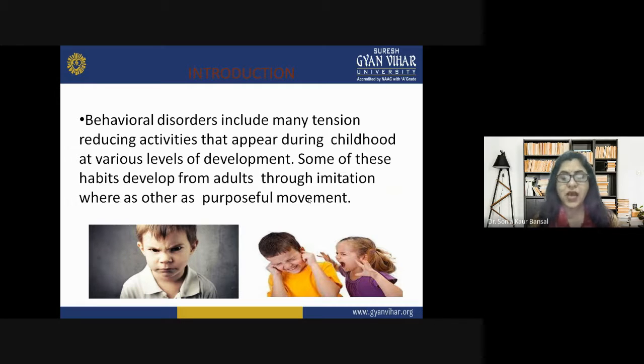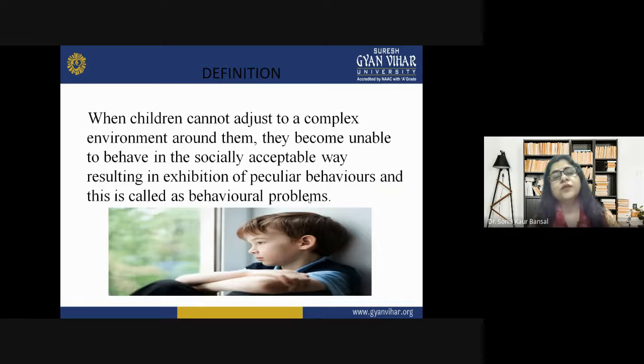So let's understand it in a more elaborative way, students. What do we understand by behavioral disorder? It's very important to know that when a child cannot adjust to a complex environment, whatever is around them, they become unable to behave in a socially acceptable way.